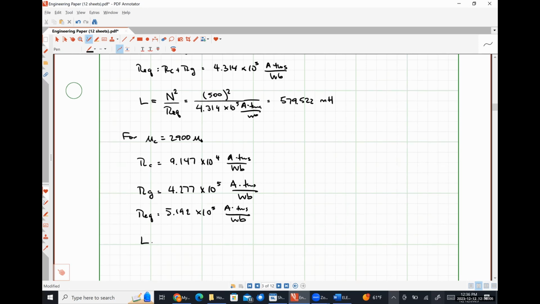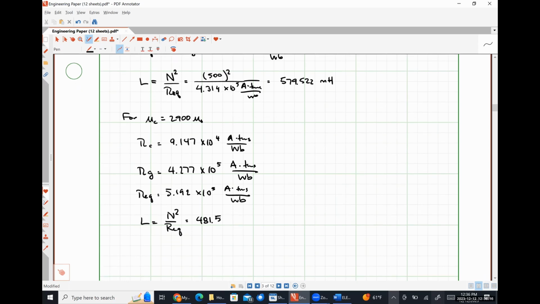And then we get our self-inductance N squared over REQ. In this case, it comes out to be 481.520 millihenries.